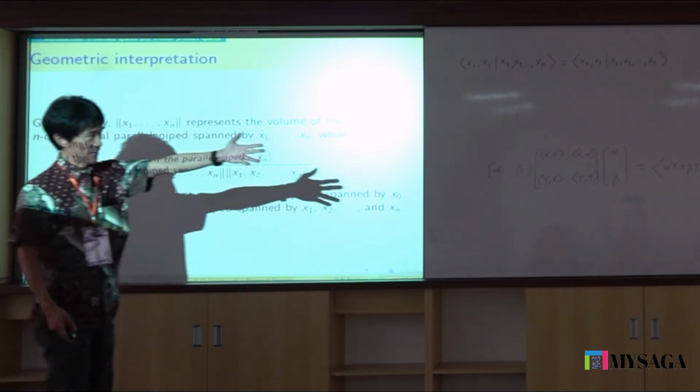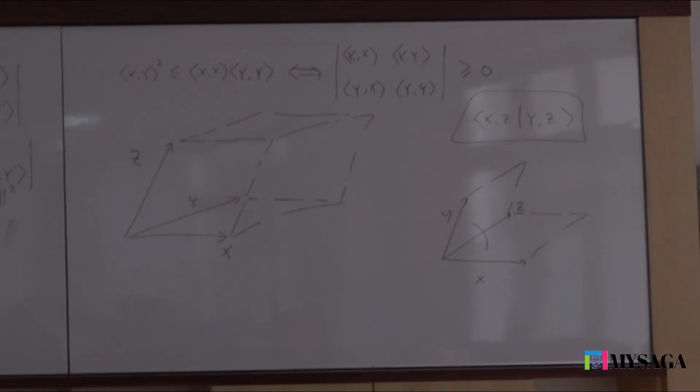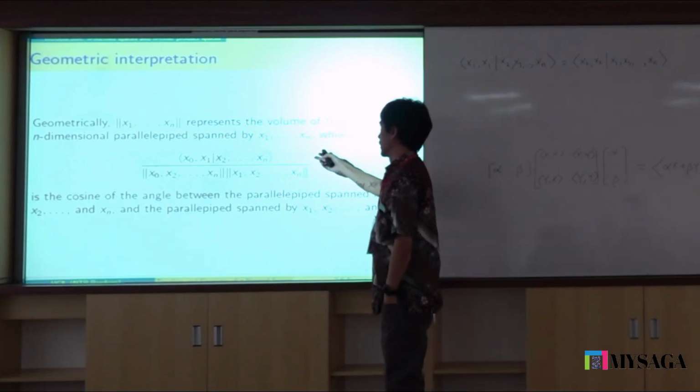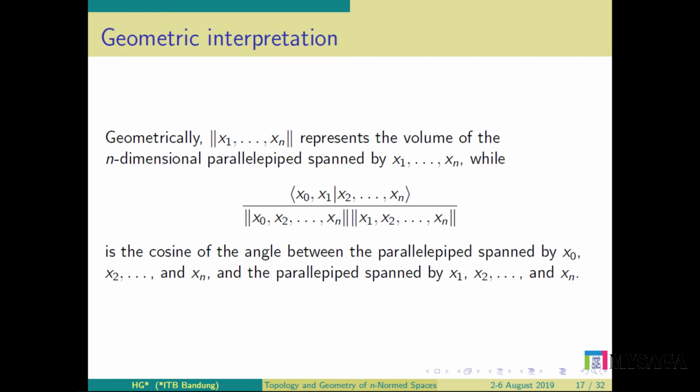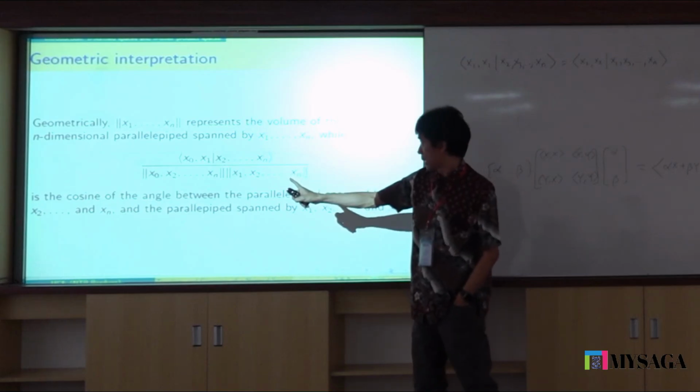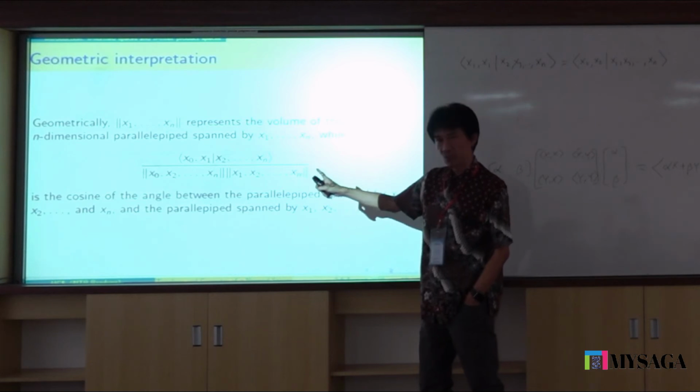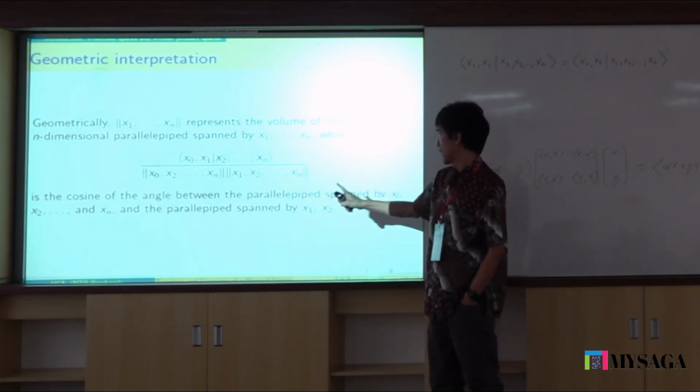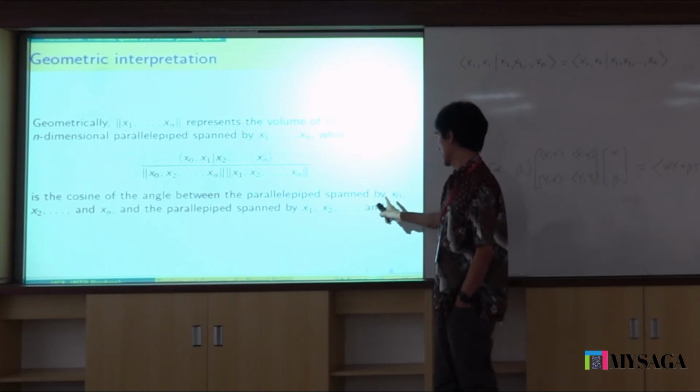Geometric interpretation the same as that, except that now Z is replaced by an n-1 dimensional parallelepiped. The ratio, okay, I take the square root already, is the cosine of the angle between the parallelepiped spanned by x0, x2, x3 and so on up to xn, and the second one, the parallelepiped spanned by x1, x2, x3 and so on up to xn.